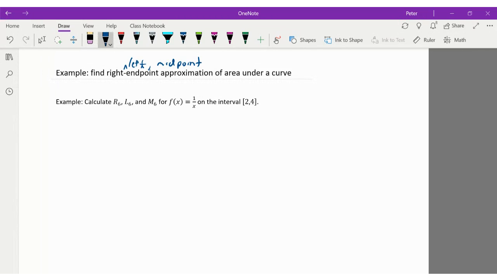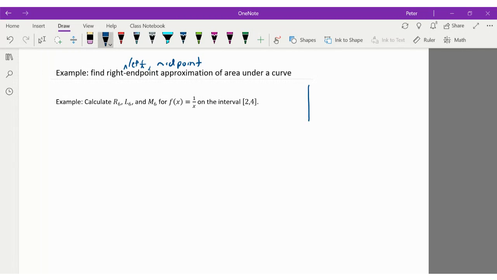So let's calculate R6, L6, and M6 for the function f of x equals 1 over x on the interval 2, 4. So just to be clear, what we're being asked for are the right, left, and midpoint approximations using 6 subintervals of the original interval.